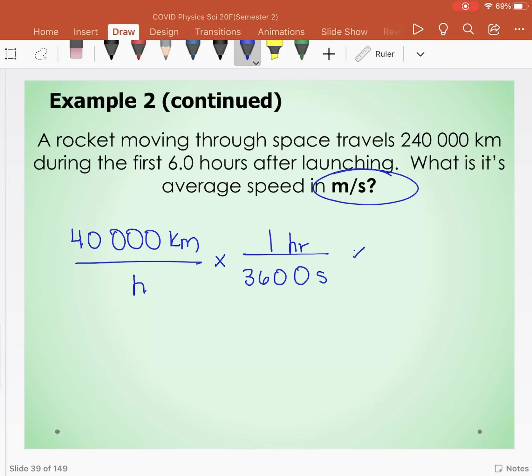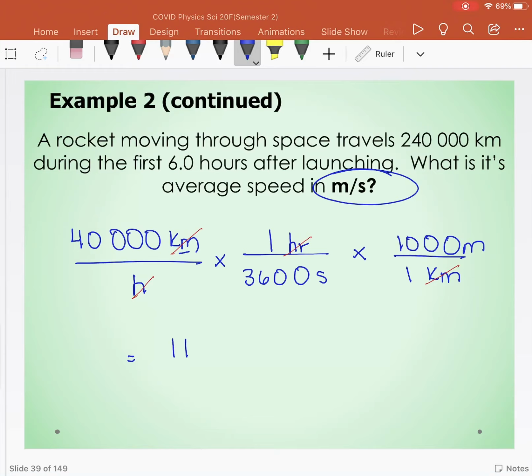That's my conversion factor. Kilometers has to be on the bottom of this conversion factor, and there are 1,000 meters in a kilometer. I cancel out my units where appropriate. I multiply out the top, so 40,000 times 1 times 1,000, and divide by 3,600.